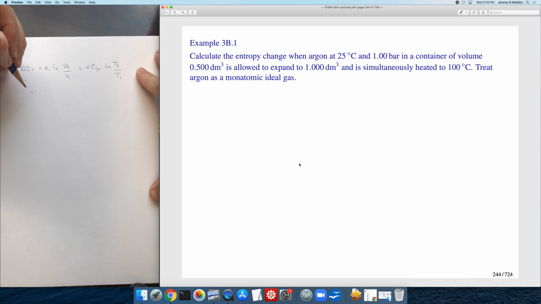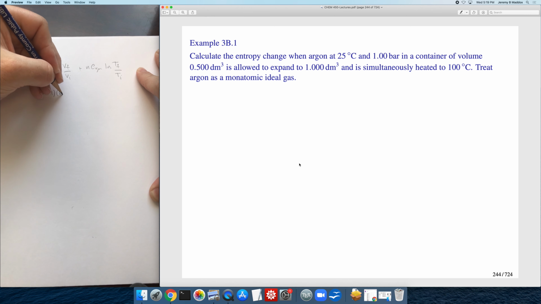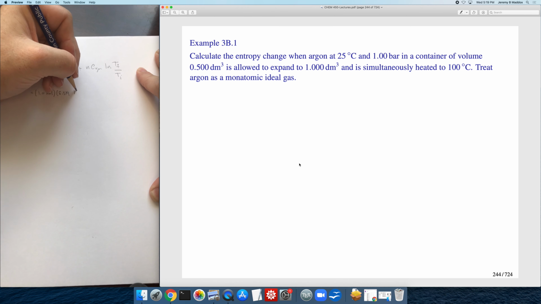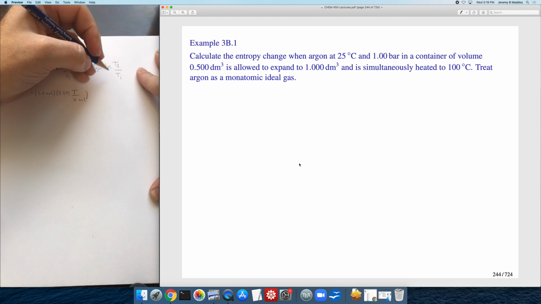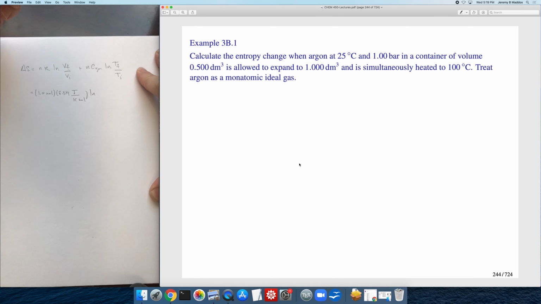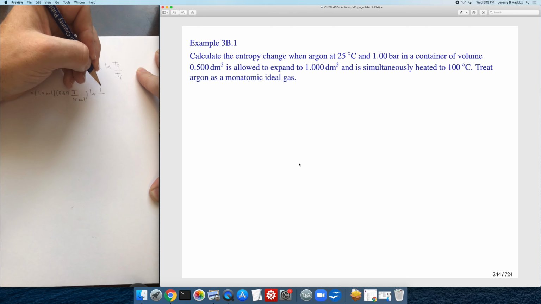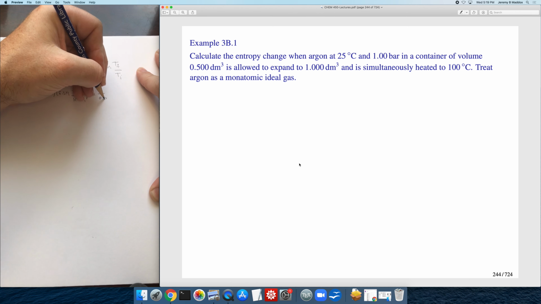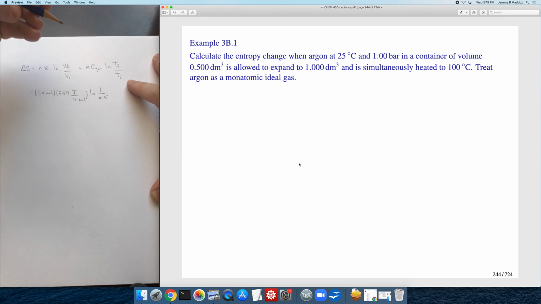So we've got 1 mole. Let's just assume 1 mole. It's not explicitly stated, but we'll just assume 1 mole. Natural log of 1 over 0.5. So that's the volume term.